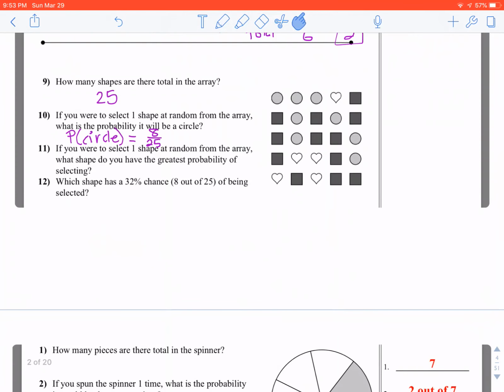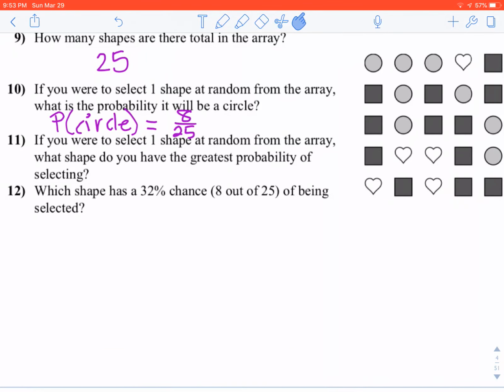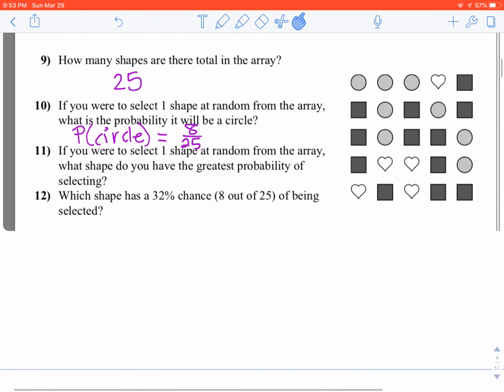Number 11, if you were to select one shape at random from the array, what shape do you have the greatest probability of selecting? If they're asking for the greatest probability, again, from the introduction of this lesson, you want to look at what shape is represented most. So take a couple of seconds.